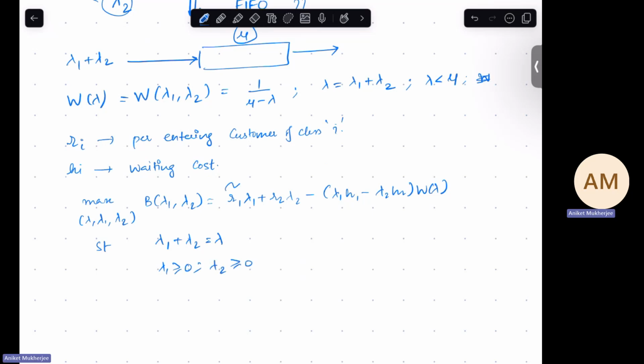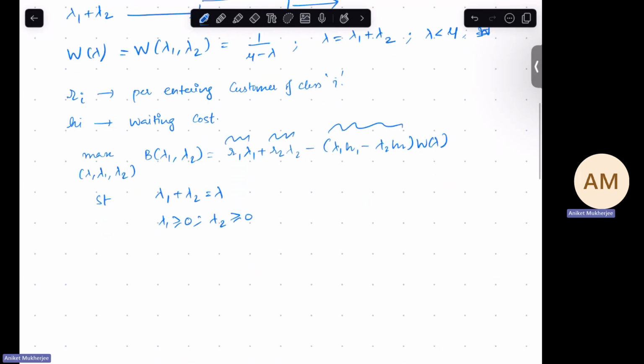Here R1 is the reward for serving a customer of class 1, R2 is the reward for class 2, and H1 is the waiting cost for any customer of class 1, H2 is the waiting cost for any customer of class 2.